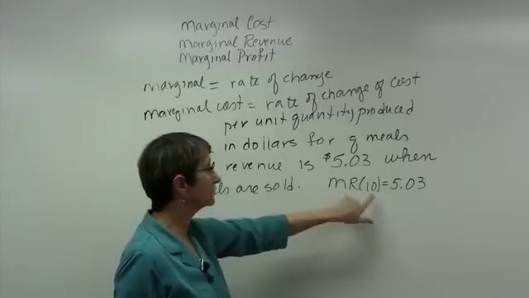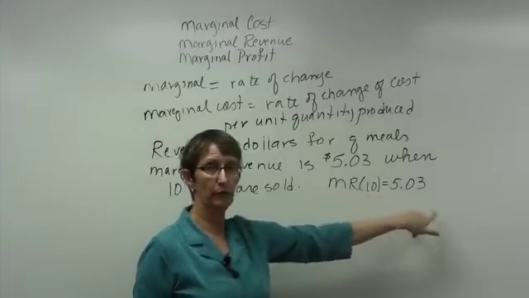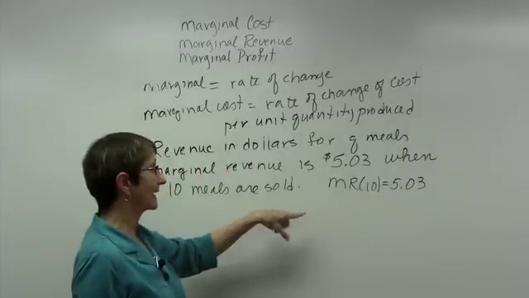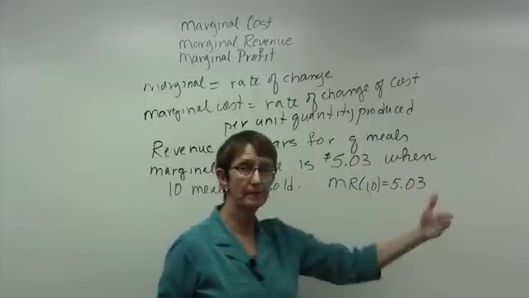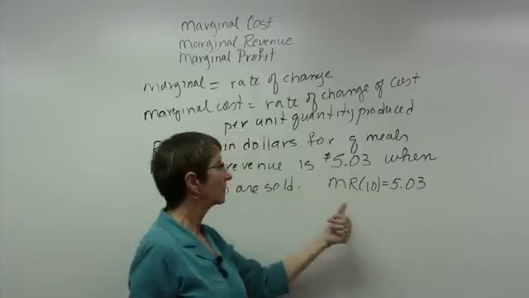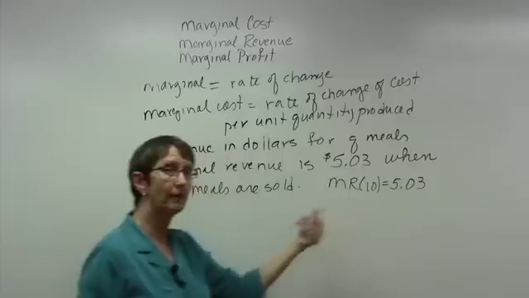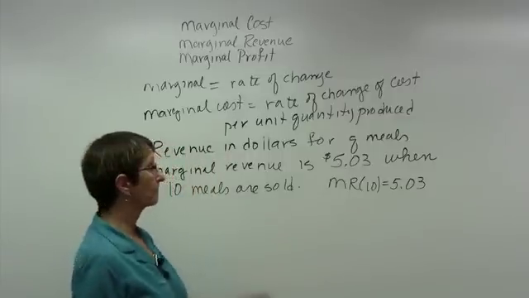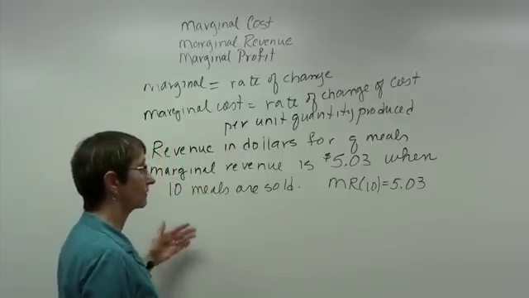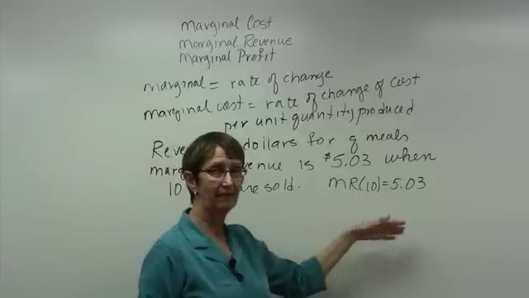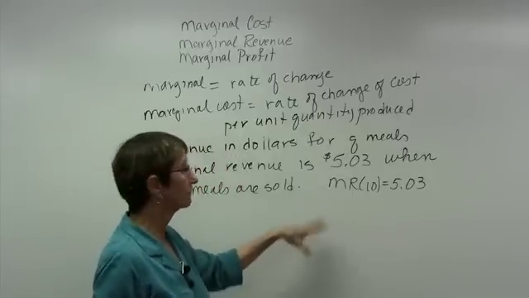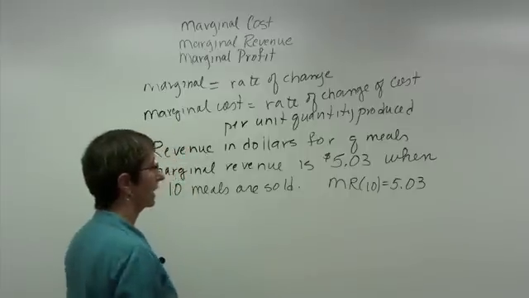So marginal revenue of 10 equal to 5.03 means if I sell one more meal beyond 10, the total revenue increases by $5.03. I can say revenue is increasing $5.03 when 10 meals are sold.